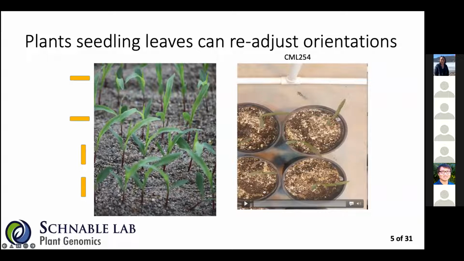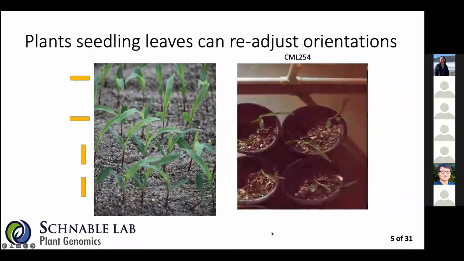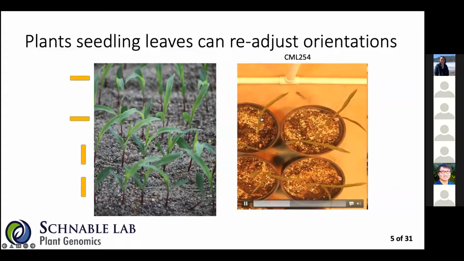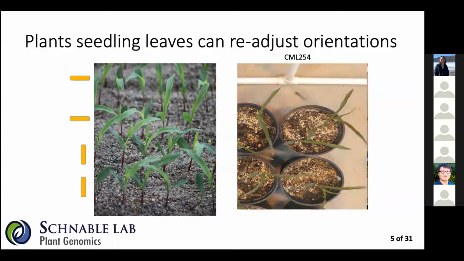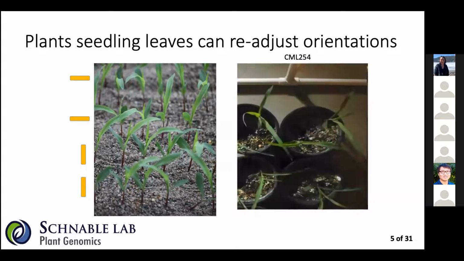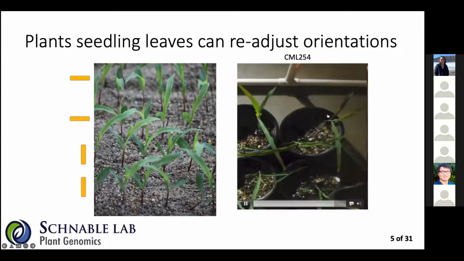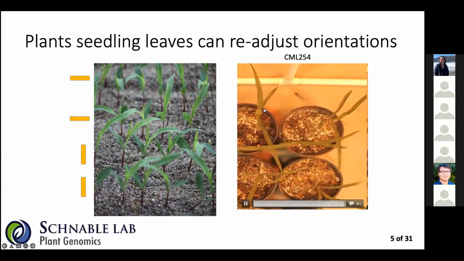So we set up a simple experiment by placing a camera on top of plants grown in the greenhouse. What we found is that in some plants, as I show in this video, the newly emerged leaf exhibits this ability to keep reorienting. As you can see here, after the leaf newly emerges, it has this ability to keep readjusting its leaf orientation.